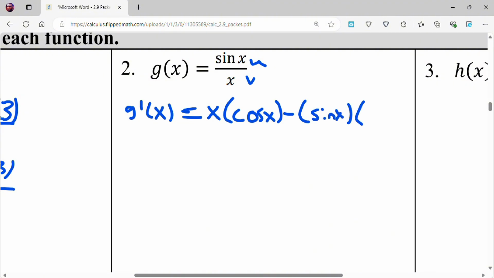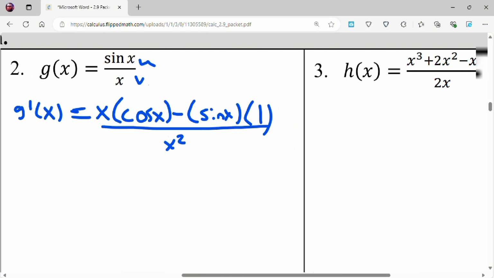The derivative of x is 1. And then we have divided by v squared. So v is x, so x squared. And not much you can do here. It's going to stay. There's no simplifying that can be done here.